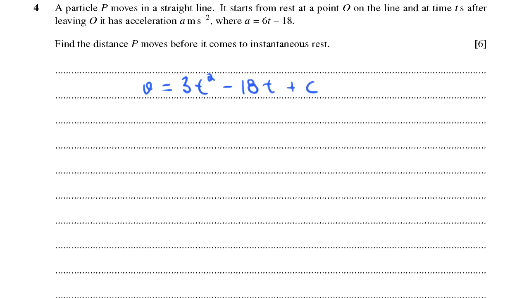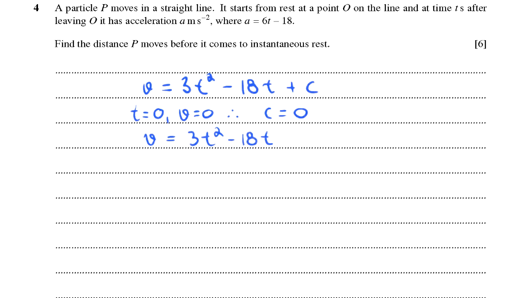In this case we know that it starts at rest, and so when time is 0, velocity is 0, which therefore c is going to be 0. If you look at the equation, if v is 0 and t is 0, well, c has to be 0 as well. So you should always check just in case it doesn't work out like that. But for us, the equation is 3t squared minus 18t.